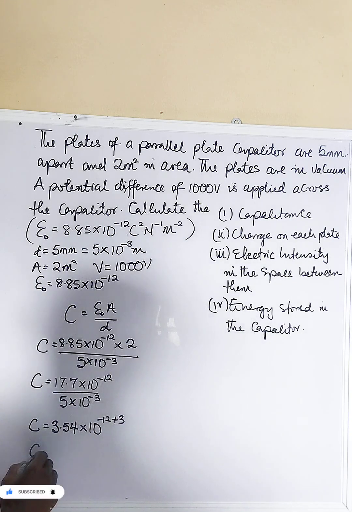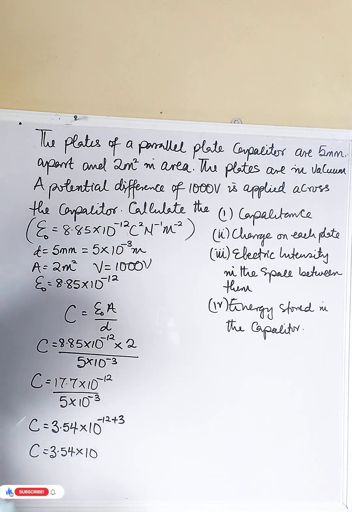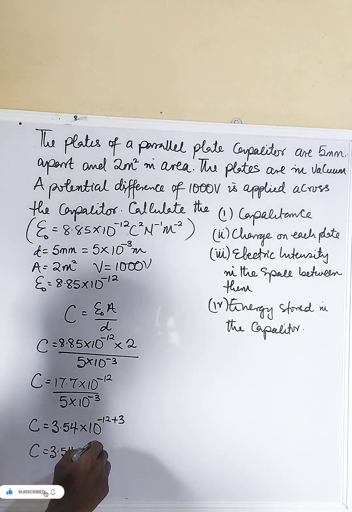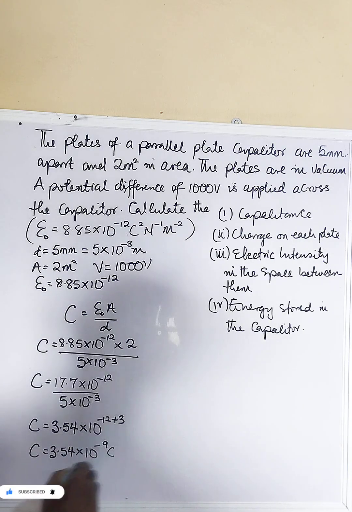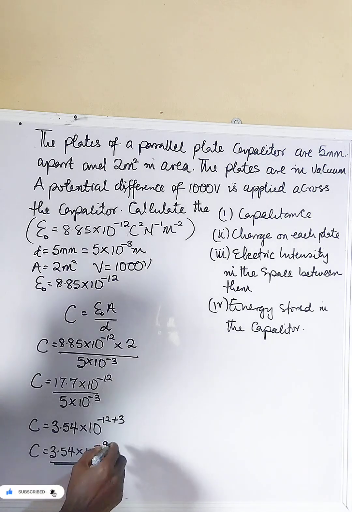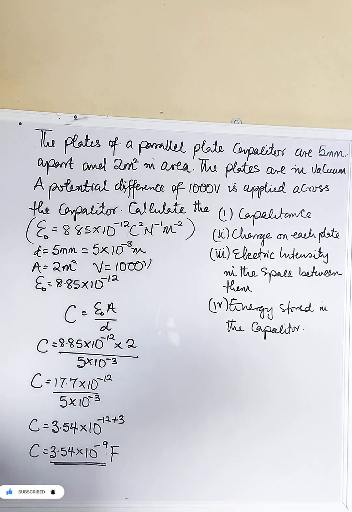So C equals 3.54 times 10 to the power of minus 12 plus 3, which gives us minus 9. The unit is farad. Sorry, I'm always mistaking this.